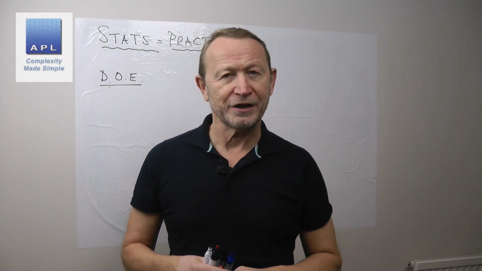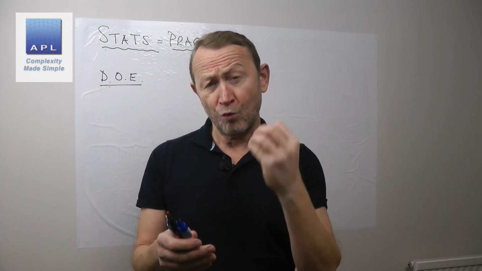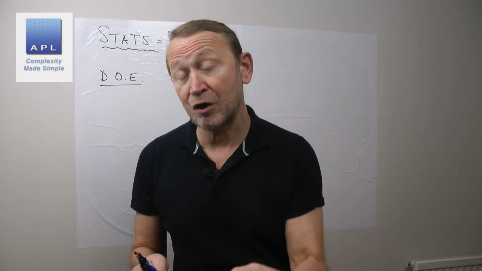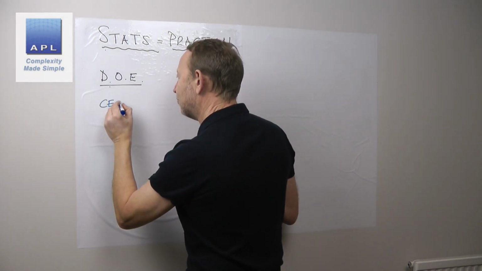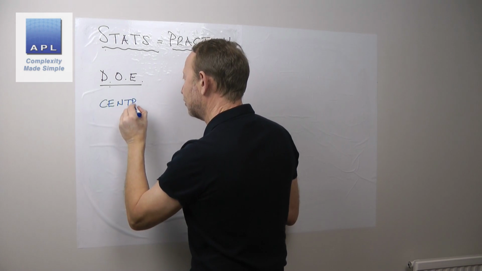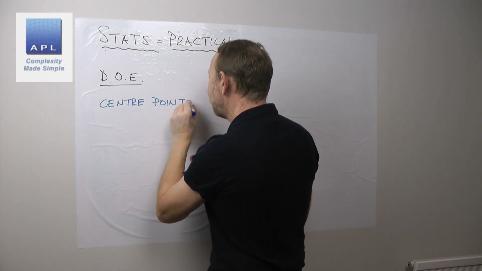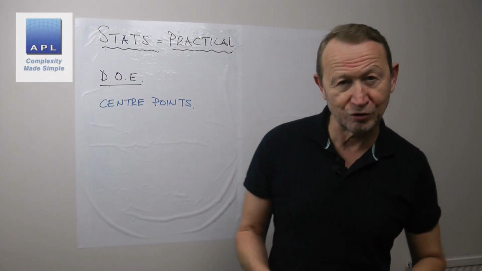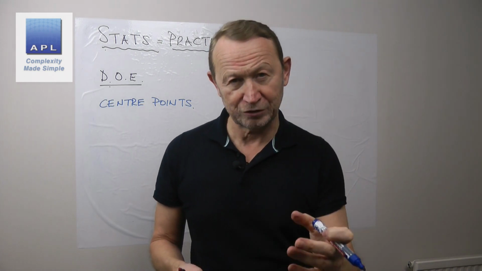They'd done a DOE. Now, when you run a designed experiment, one of the things that you should do as part of the procedure is do center points. So you're going to run center points. What center points are all about, of course, is typically confirming the model.